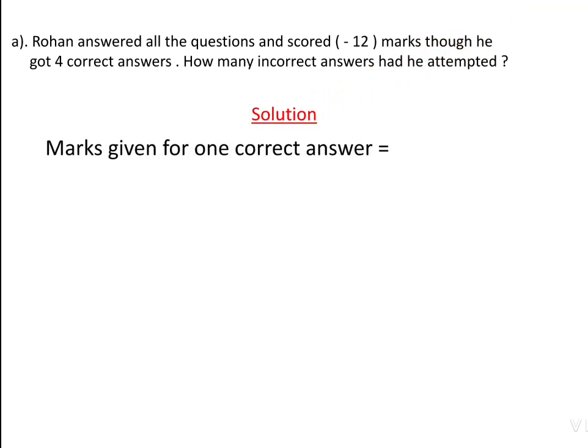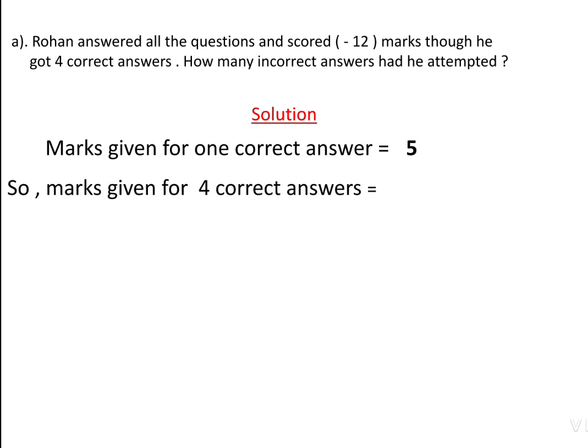Marks of one correct answer equal to 5. Then how many correct answers are there? 4 correct answers. Marks of 4 correct answers equal to 5 into 4 equal to 20 marks. He got 20 marks, but his score is minus 12.